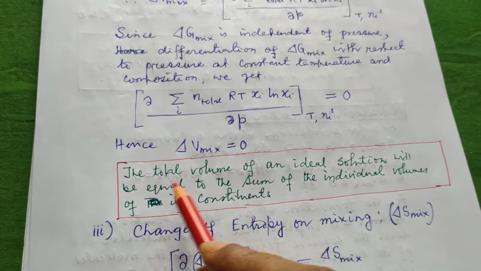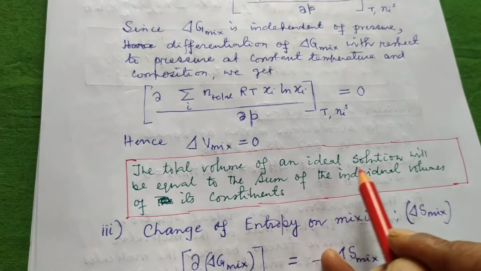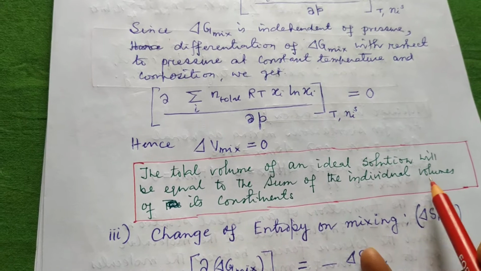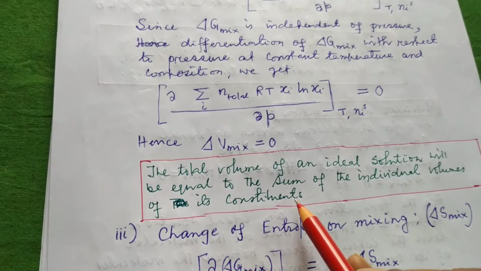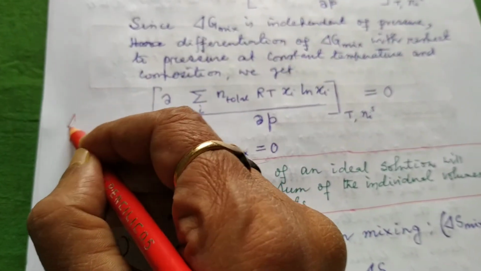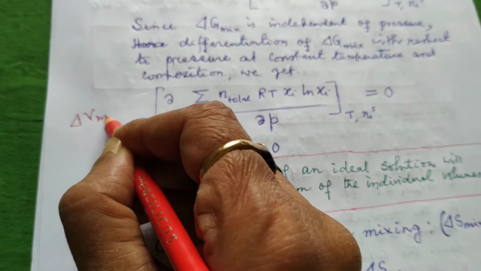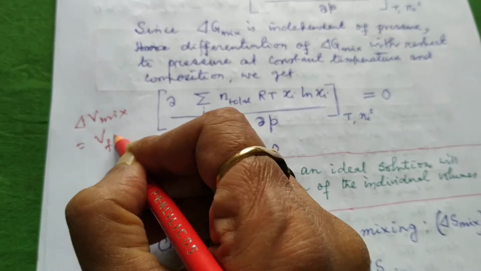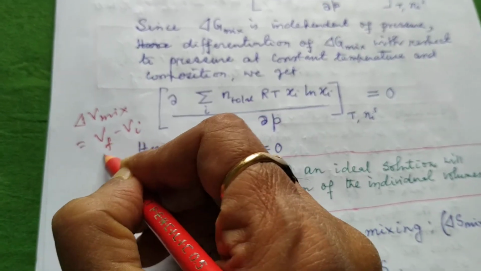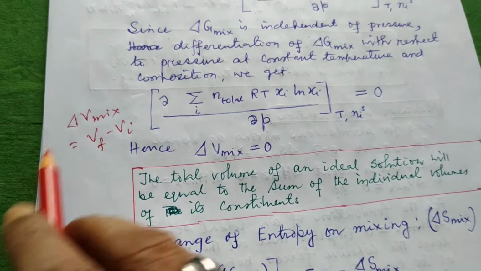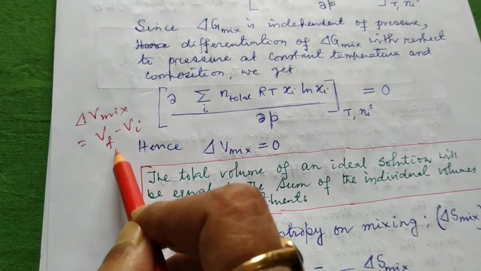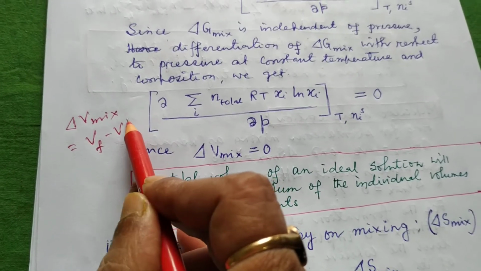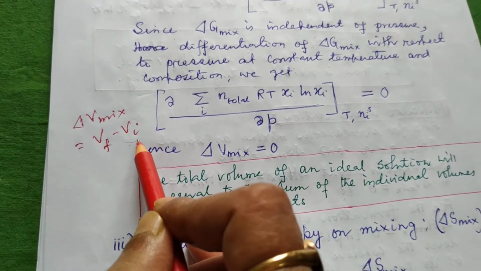That is, the total volume of an ideal solution will be equal to the sum of the individual volumes of its constituents. Because ΔV mix equals V final minus V initial, where V final is the total volume of the ideal solution and V initial is the sum of the volumes of the individual constituents.